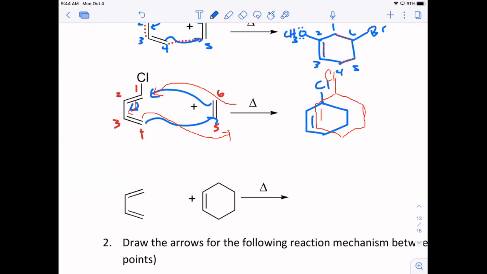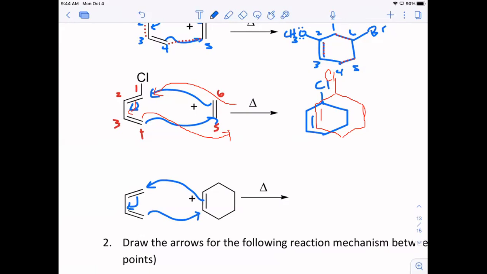What about the last problem right here? Let me put the arrows in and you tell me what we're going to get. It doesn't matter that the dienophile is in a ring. You can get bicyclic products, a lot of bicyclic products. I have a quick question. Is there a time where the positions are switched, so the dienophile would be on the other side?